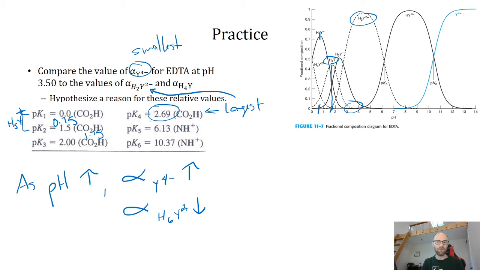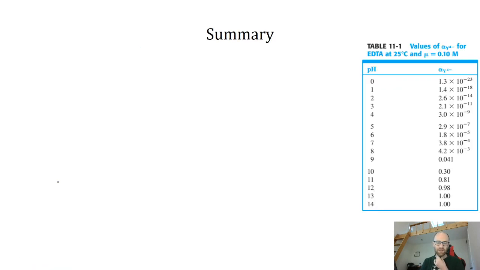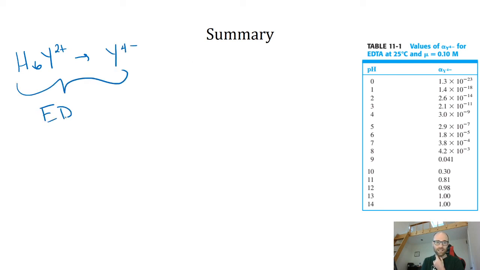So at a pH of 3.5, not only is H2Y2 minus the predominant species and the largest in terms of fraction, but you can also say that there's more H4Y than there is Y4 minus, and you can keep pushing past that. So to summarize everything we've talked about today, H6Y 2 plus all the way down to Y4 minus all get lumped together to be called EDTA.